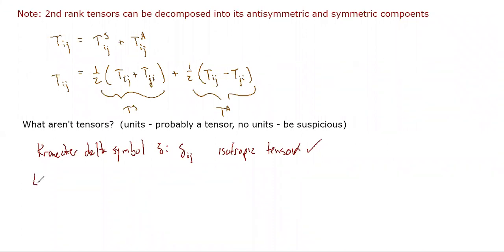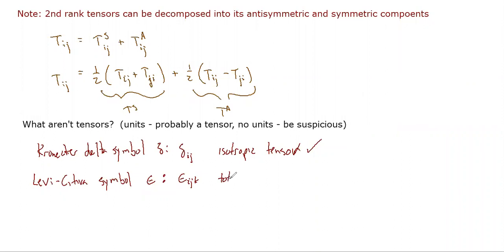There's another thing. In a sense, the Kronecker delta symbol is for dot products, and this thing is for cross products. So there's what seems like it might be a third rank tensor, which would let you put two vectors in, one with an I index, one with a J index, and get an independent vector out, one with a K index.